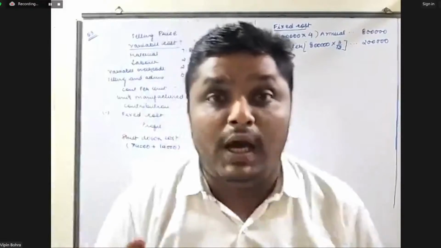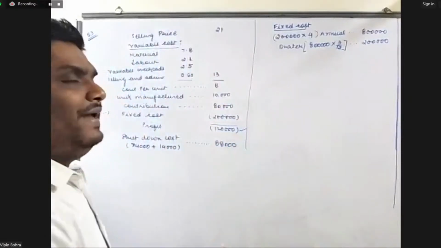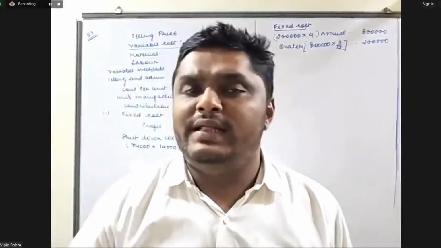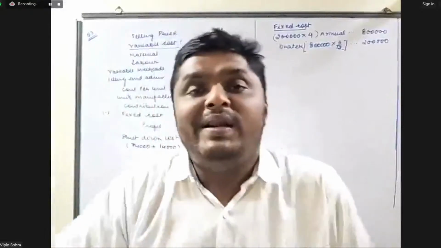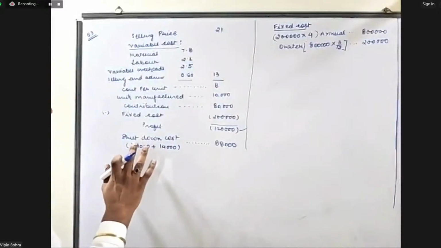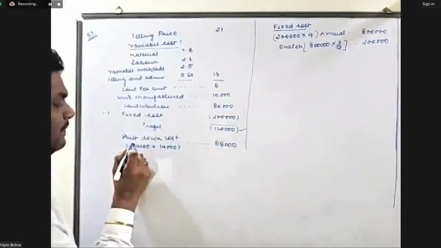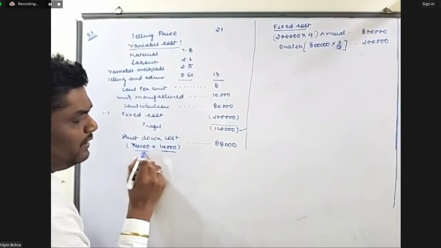If we continue with the plant, there is a loss of 1,20,000 we have calculated. If we continue with the plant, we will manufacture and sell 10,000 units and my overall loss is 1,20,000. However, if we shut down the plant, my fixed cost will be reduced to 74,000. However, there will be an additional shutdown cost involved, that is 14,000.